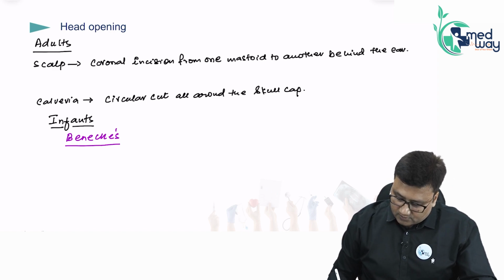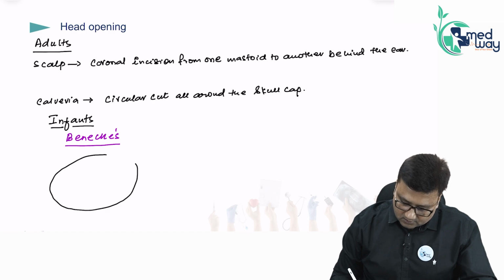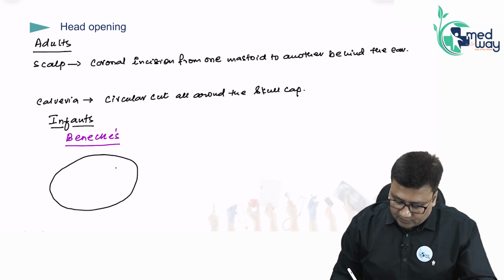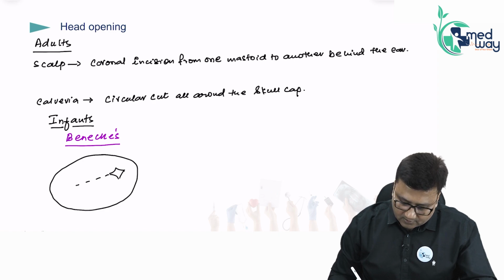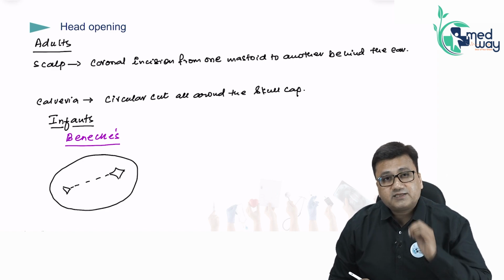where let us say you have a skull like this, where you have the anterior fontanelle and the lambda, right. So, in Bennett's technique, what do we do?